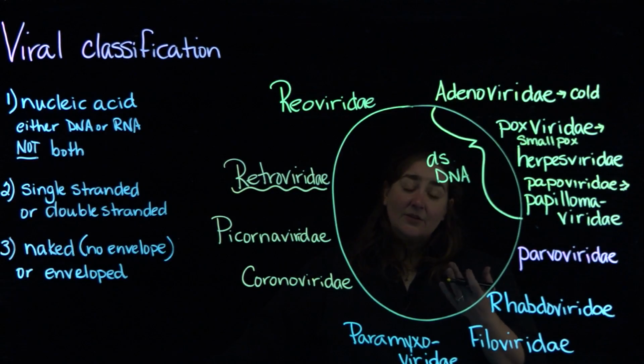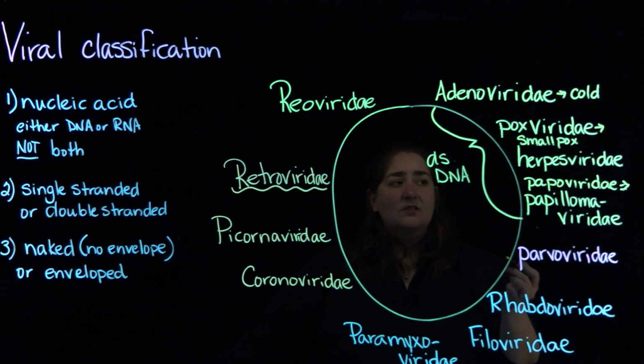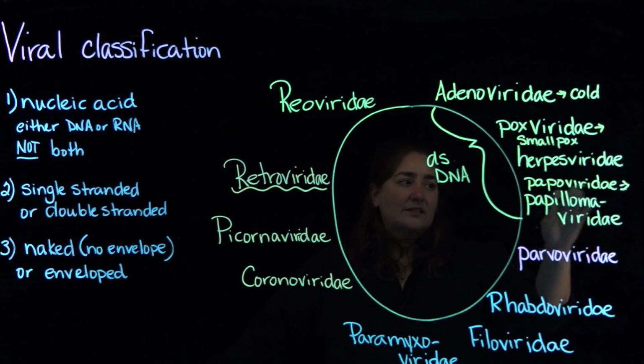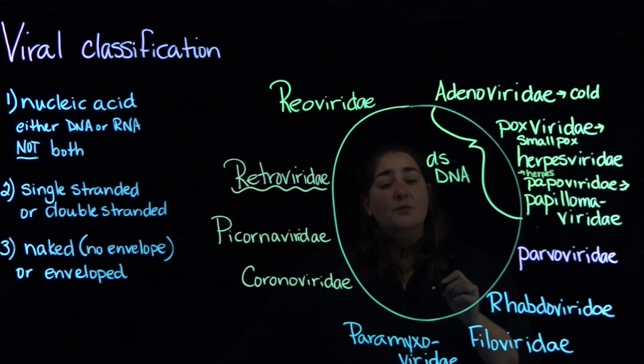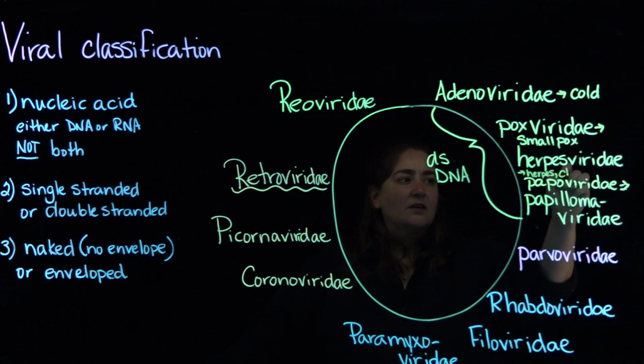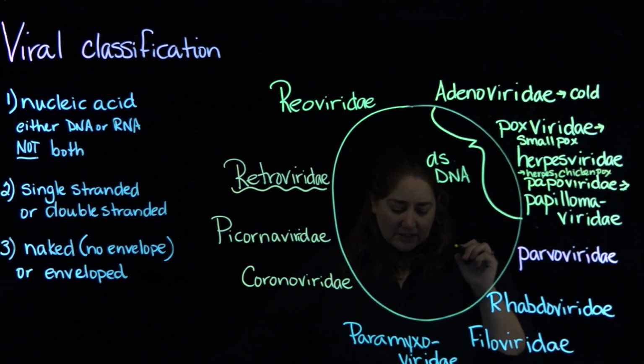Herpesviridae, this is another one that makes sense based on the name. This is going to be associated with the herpes virus. So the herpes virus, both oral herpes and genital herpes, but also chickenpox falls into this category.